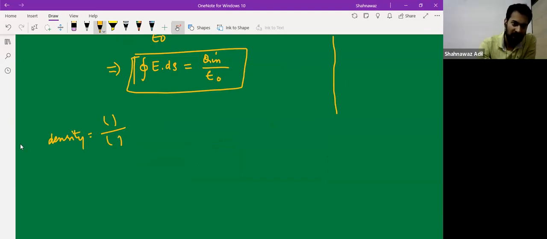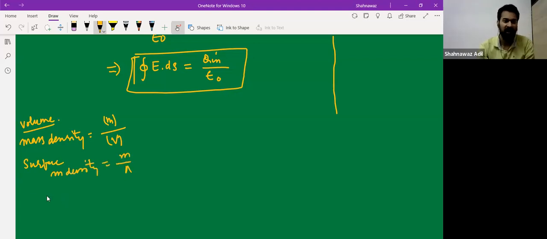If I say mass density, this would be mass by volume, because I am taking volumetric mass density. If I say surface mass density, that would be mass by area. And if I say linear mass density, that would be mass by length.